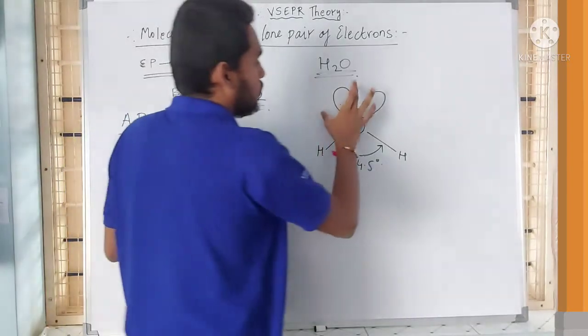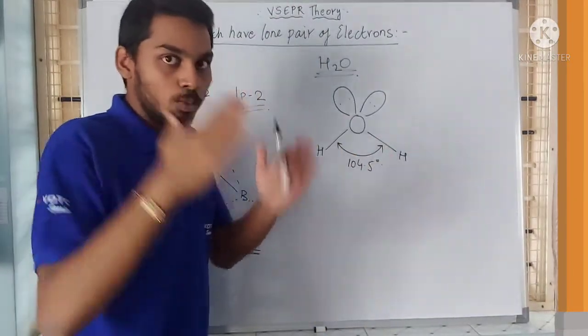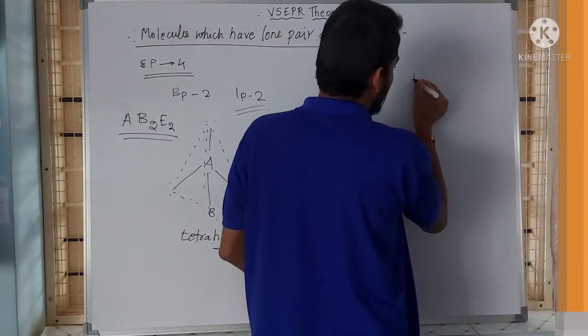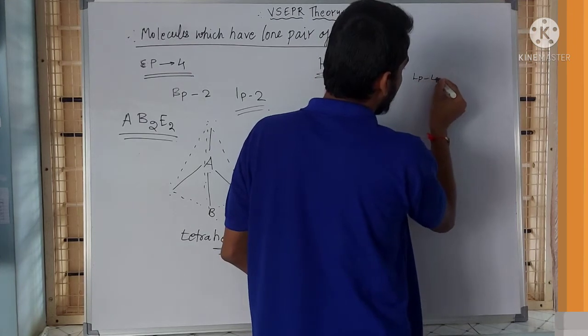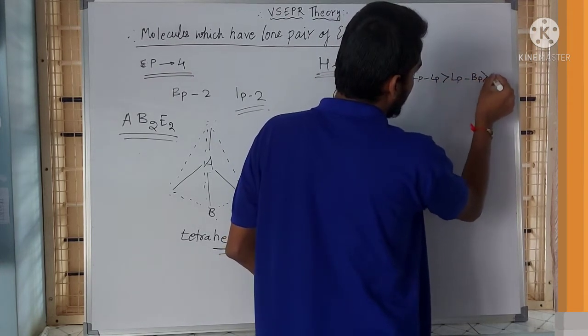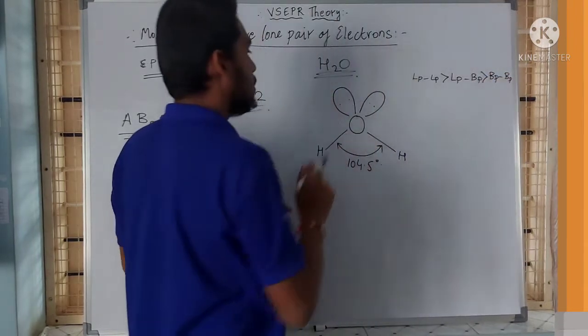Hence, these bonded pairs are made to move away from these lone pairs. So we know that the order of repulsion is lone pair-lone pair greater than lone pair-bond pair. So lone pair repulsion is more.